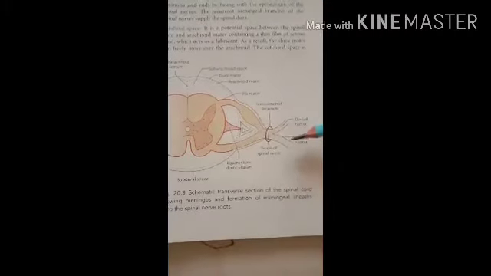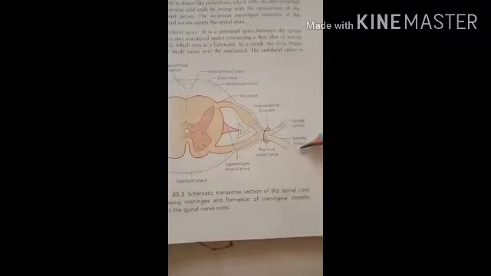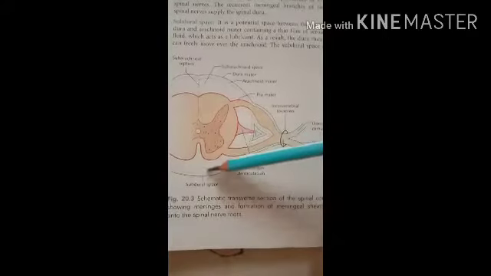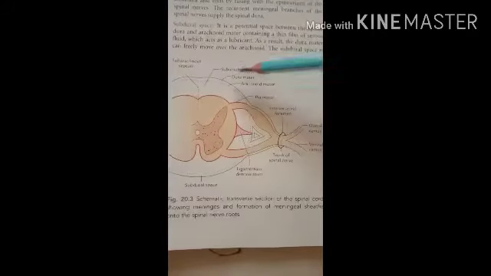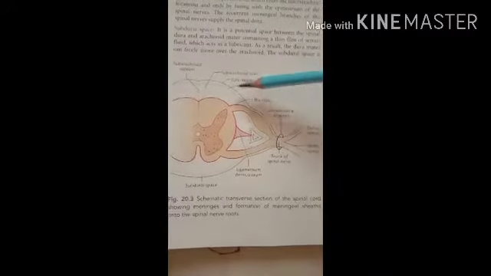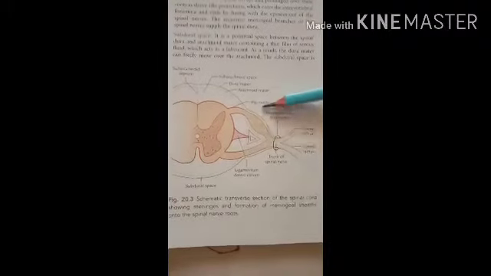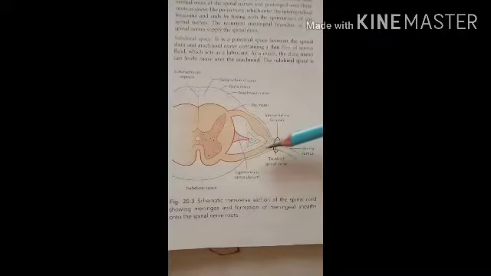For a very short distance after leaving the spinal cord, the nerve root has a covering of dura mater and arachnoid mater. Here you can see the covering of dura mater and arachnoid mater. It terminates before the two roots join to form a mixed spinal nerve.